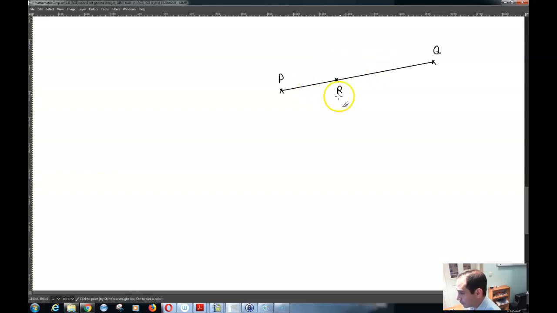If this point divides this line segment internally in the ratio, for example, m to n, then using the section formula, suppose the coordinates of point P are x1, y1, and the coordinates of point Q are x2, y2.